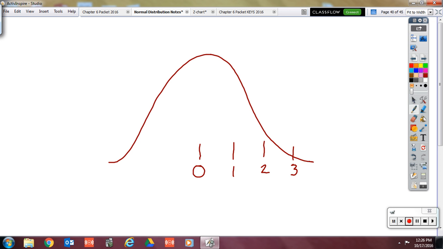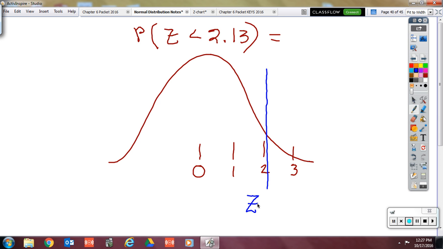So for this problem, we are to find, and so here's the notation, the probability that you get a z-score less than 2.13. So that is how that is written out, the notation that is used for that. And so then I'm going to come over here and I'm going to draw my z-score on here, and I'm going to label it.